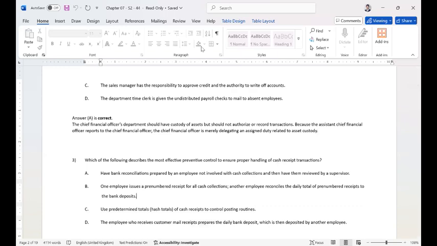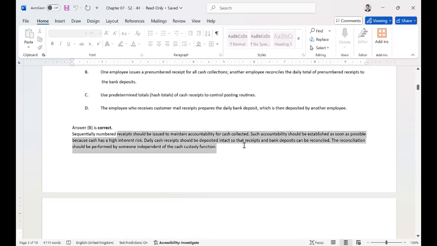What is the answer? So, can you read this? B. Options.